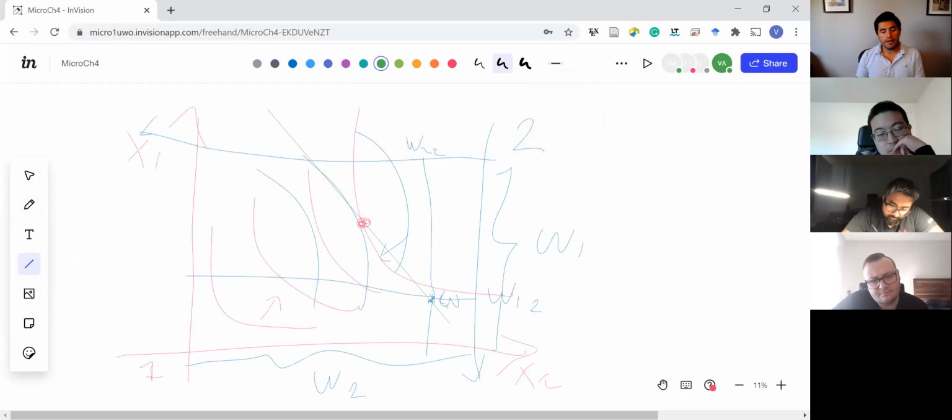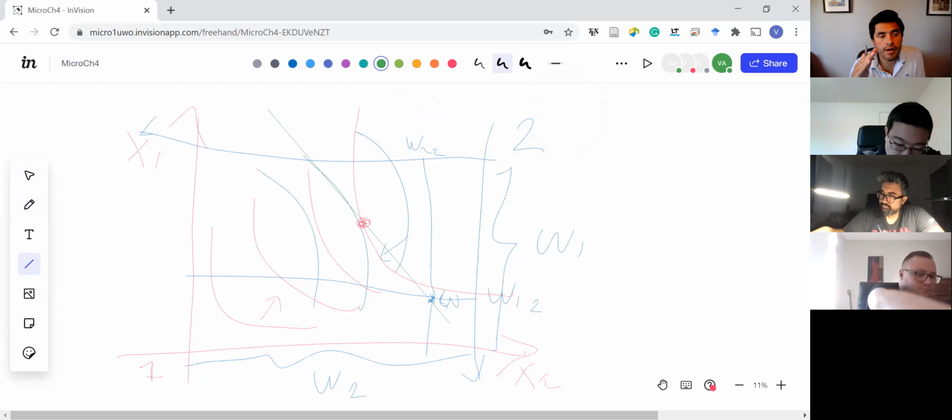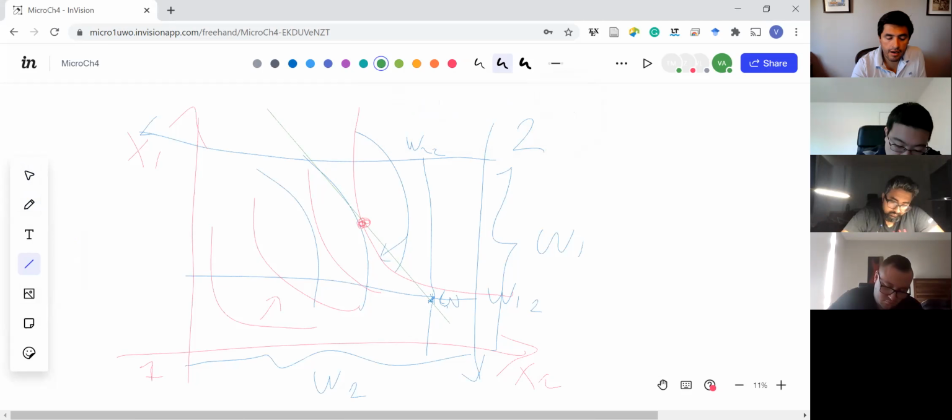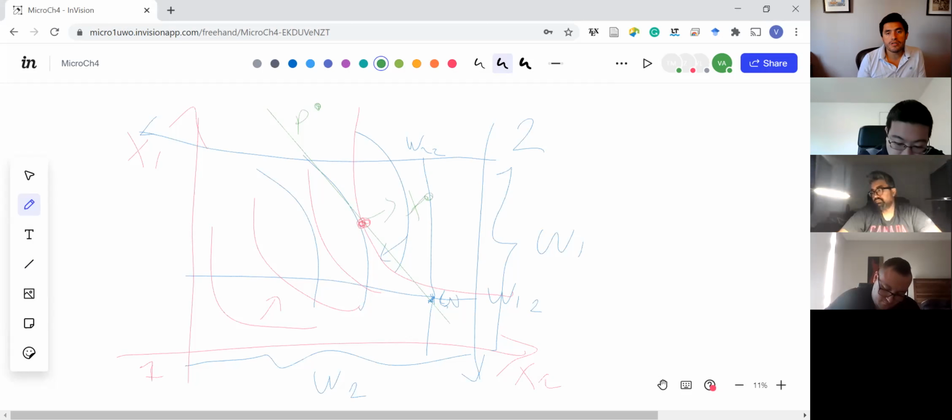So this green line is a line that goes through the tangency point of these two preferences, right? And this is the price vector. So this is the P star, and this here is the X star. Okay, so this is an equilibrium point.